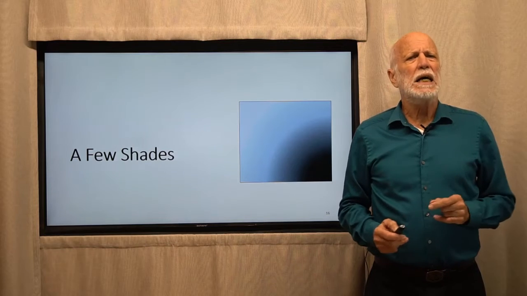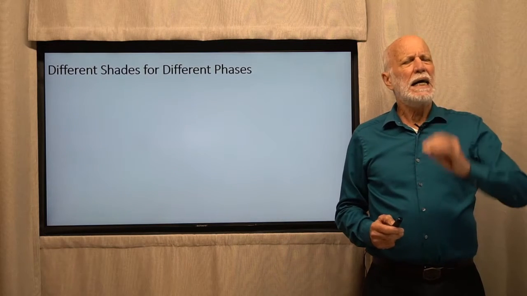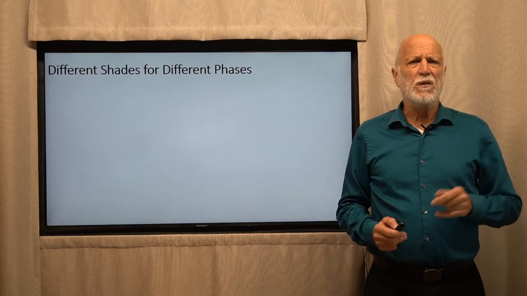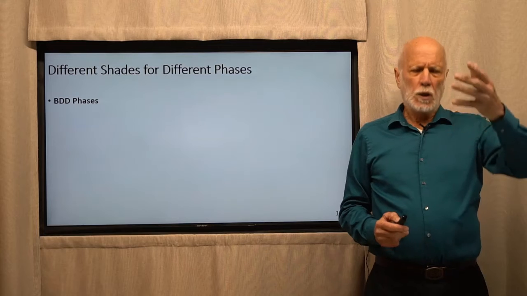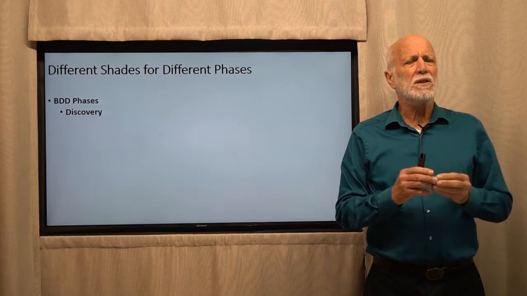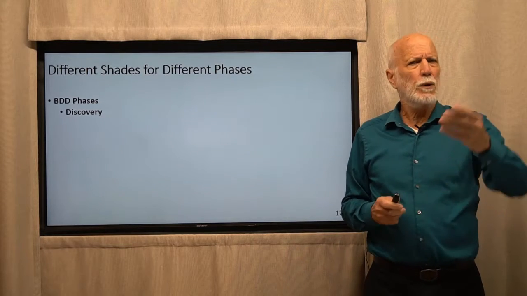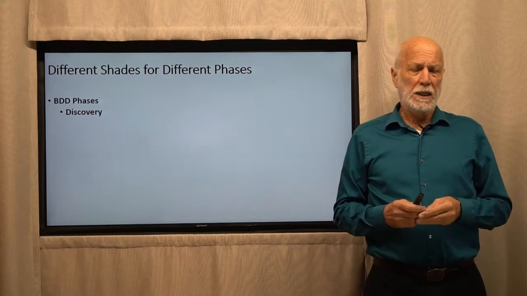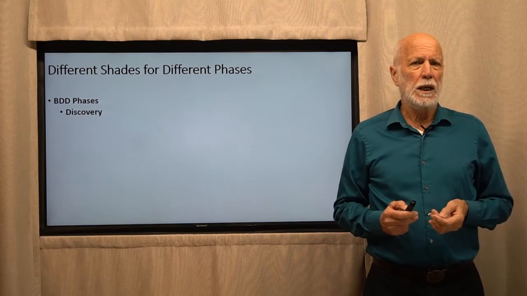So let's look at a few shades of Gherkin. And we have different shades for different phases. Some people go through a phase in BDD. They start with discovery, i.e., an open sort of process to figure out what are all the potential scenarios or conditions that a story is going to take.